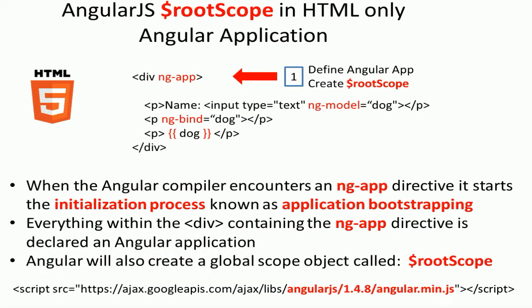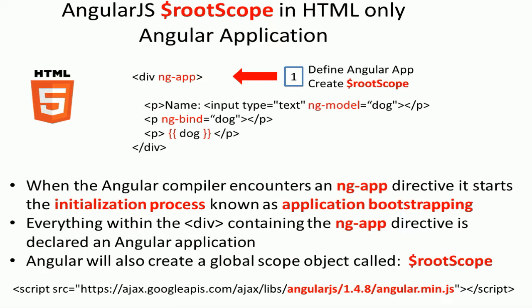Let's examine what scope exists within an HTML-only Angular application. This HTML-only Angular application has no JavaScript component other than referencing the Angular library in script tags, and hence in this example there is no creation of an Angular module by us or registration of a named controller.